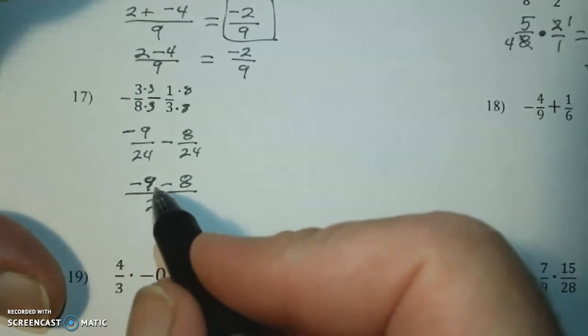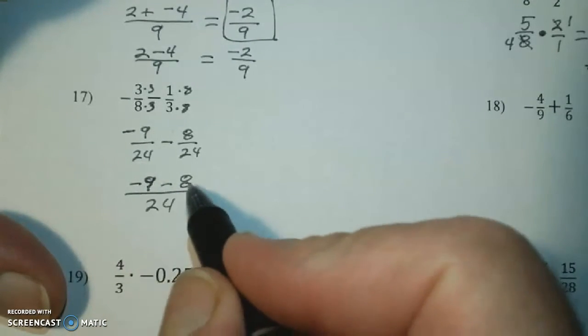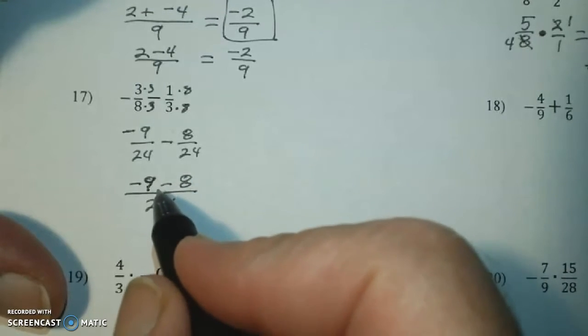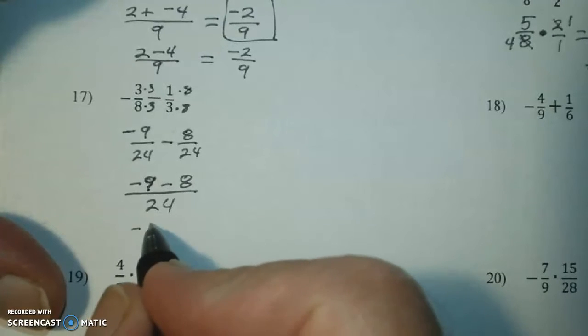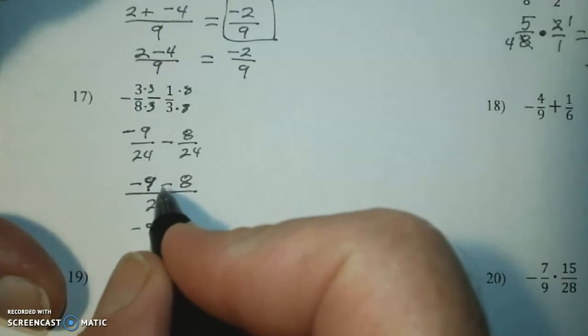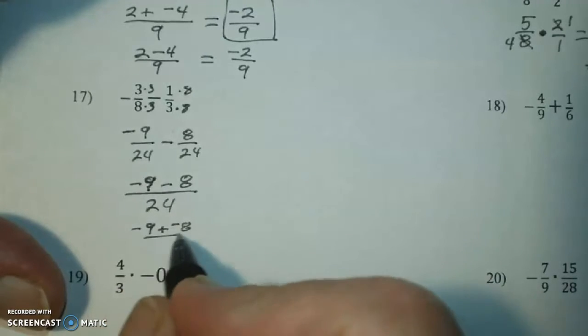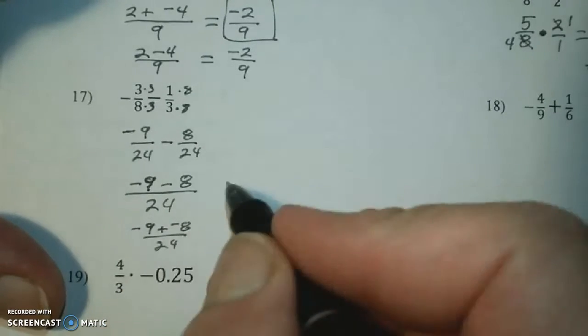These numbers have the same signs. This is a negative 9. This is a negative 8. That minus sign belongs to the 8. Or if you wanted to, you could write it as negative 9. Remember, you can put a plus sign in between here and say it's plus a negative 8 all over 24.